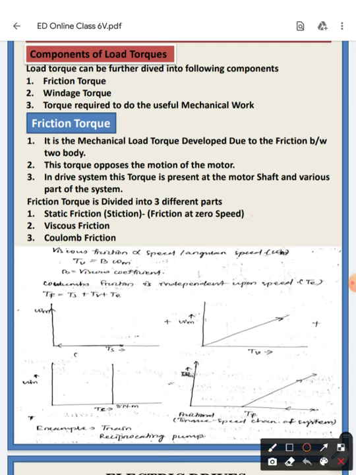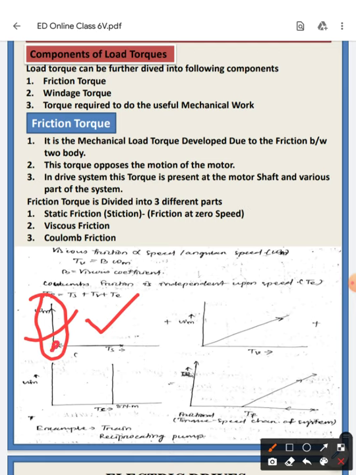Next, the first graph shows the torque speed characteristics. It is the static friction. During static friction, as the system is in a static or standstill condition, the speed value is 0.